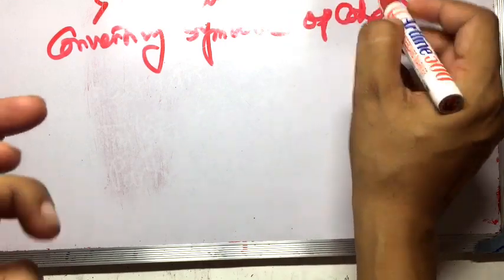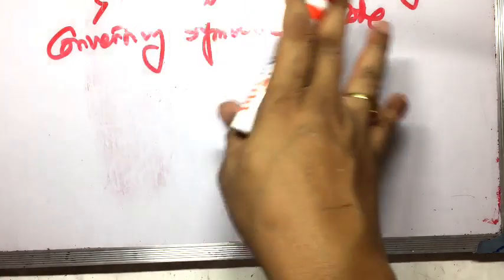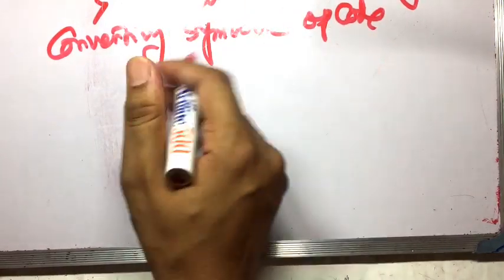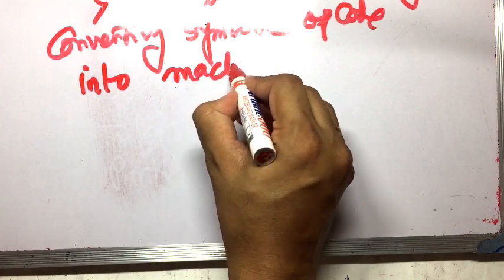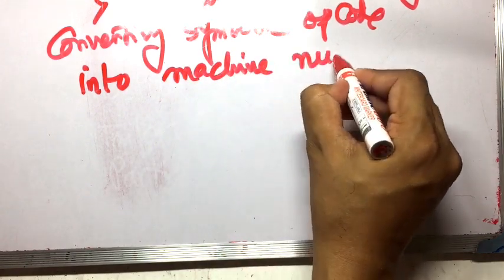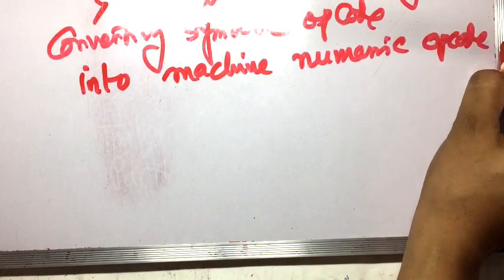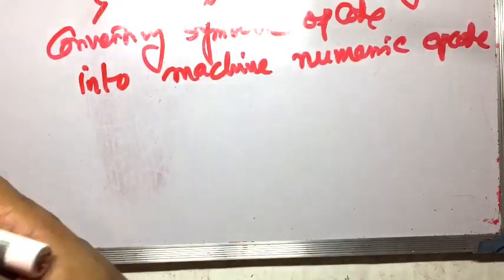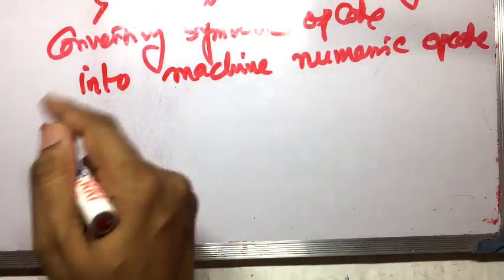Symbolic opcode means move, add, sub, MVI. There are many instructions. The symbolic opcodes are converted into machine numeric opcodes, so that the CPU can directly execute those opcodes. So in pass 2, the purpose is to generate the object code from the different tables.